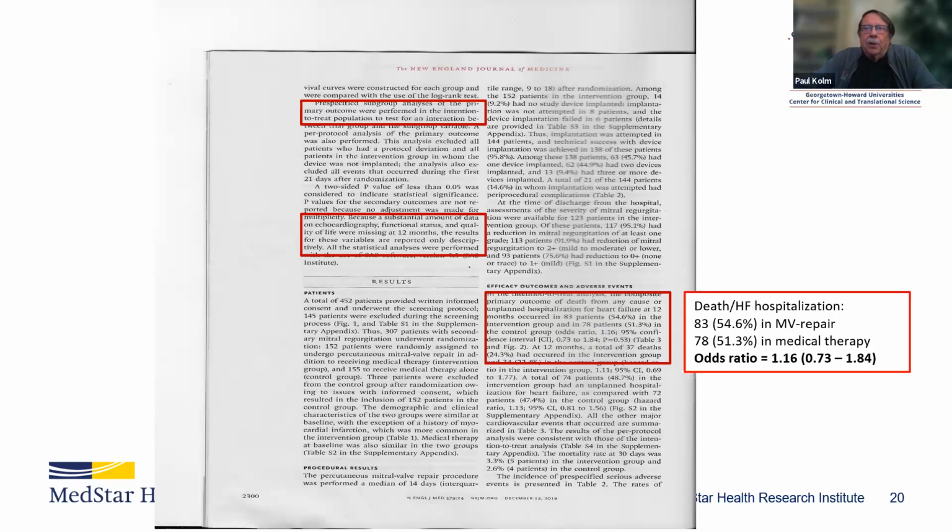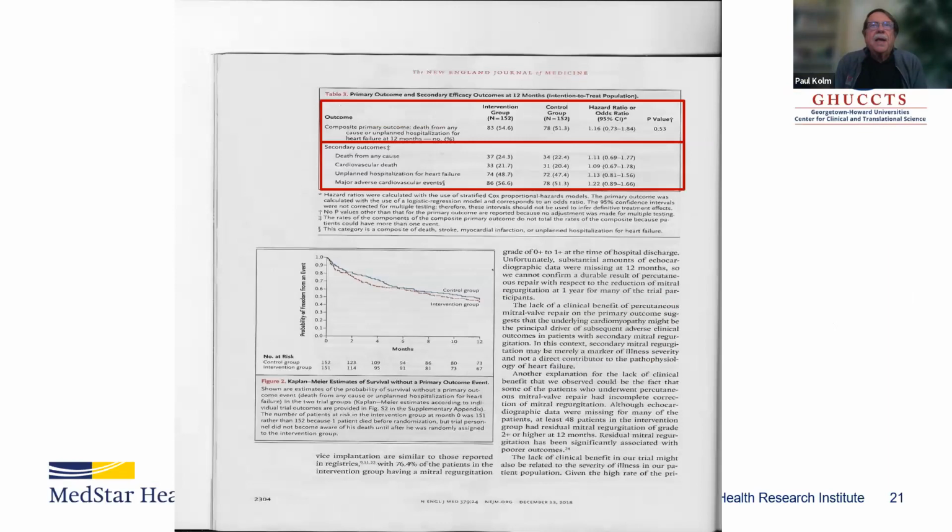The odds ratio means that in the mitral valve repair group, the odds of the outcome were 16% greater than in the medical therapy group. So they didn't really get the outcome that they were looking for, and it wasn't statistically significant anyway.